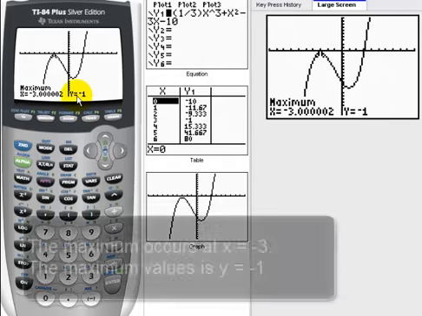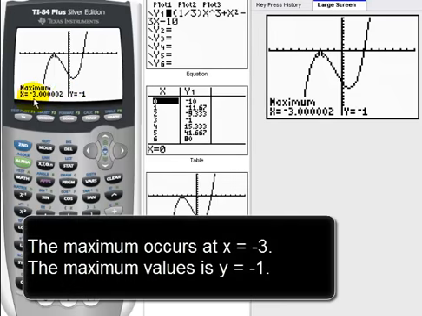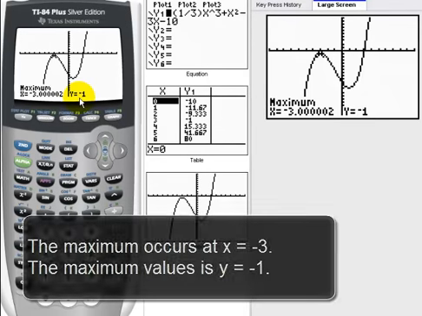Now, one thing I want to point out to you is that the actual x value where the maximum is, is -3 exactly, but the calculator is doing the best that it can to find that value. This is a pretty good approximation of that x value, but it's giving me the actual y value that is the maximum in that region.